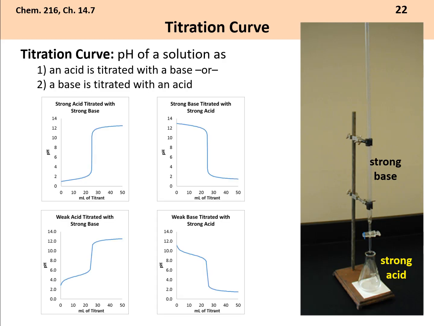Okay? We're going to go through 5 different titration curves. We're going to start off with strong acid, strong base, then strong base, strong acid. Then we're going to deal with weak acids and weak bases. And then finally, we'll talk about polyprotic. All right, but let's start easy.